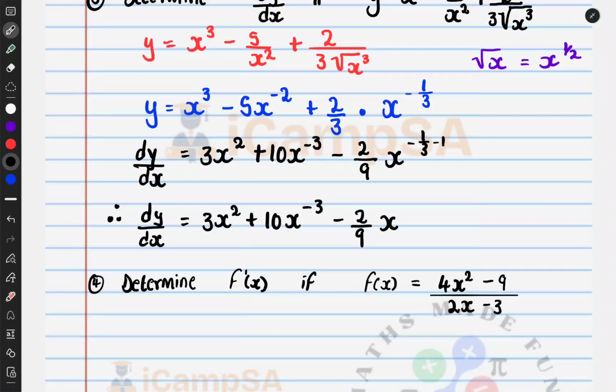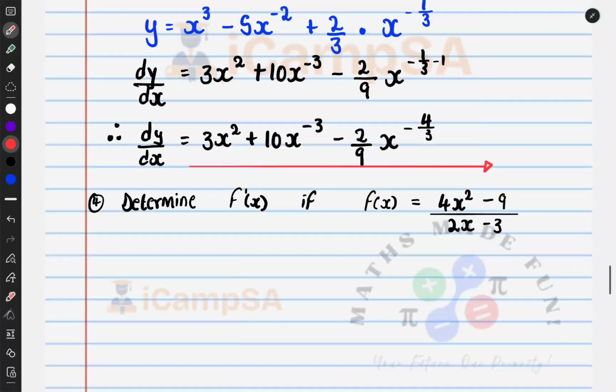We're going to have negative 4 over 3. Yes, it will be 4 over 3. Okay, once we are here, we are done.